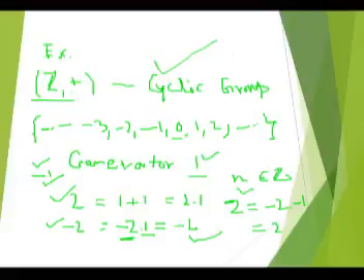Another example, I think a very good example of a finite group is this. That was an infinite group. This is a finite group: 1, minus 1, iota and minus iota. There are four elements. Under multiplication, it is a cyclic group. How?